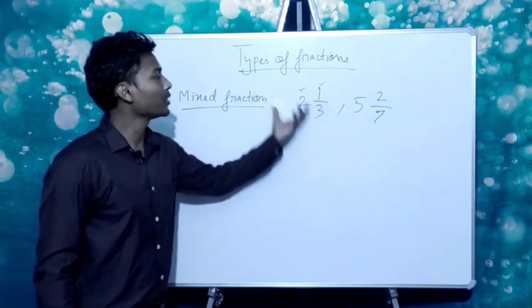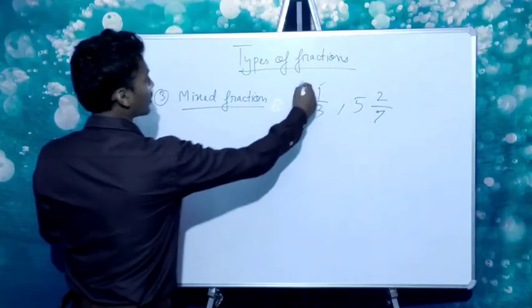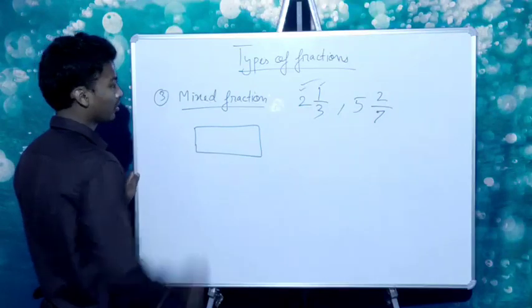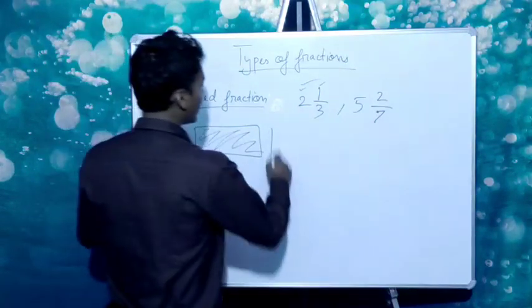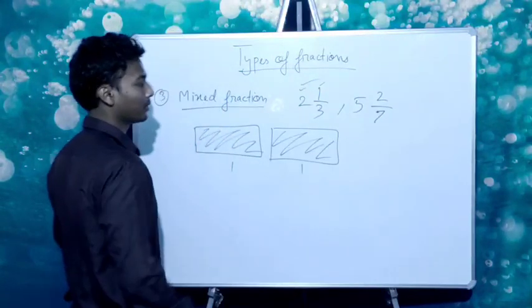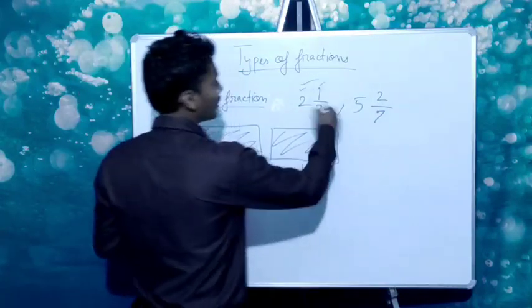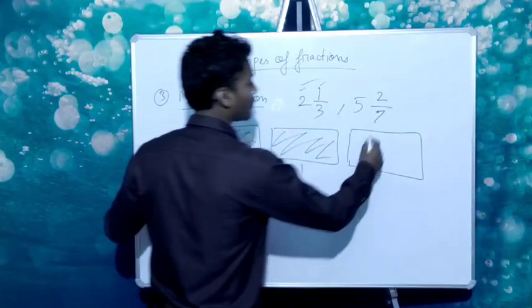Let's understand this mixed fraction with the help of a diagram. So let's take the first one. If I draw one rectangle, this is one whole rectangle, right? If I take another rectangle, this is one whole rectangle. So there are two whole rectangles, and then we have the fractional part, which is not the whole rectangle, just a part of the rectangle.